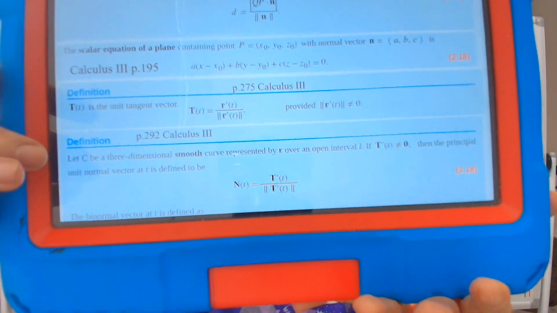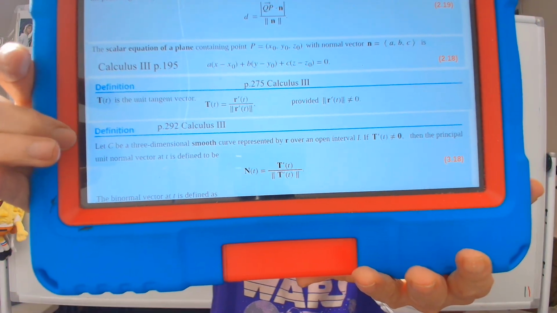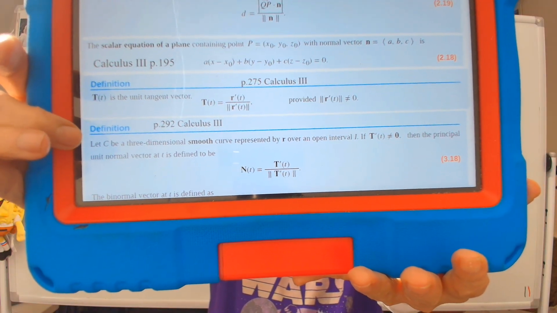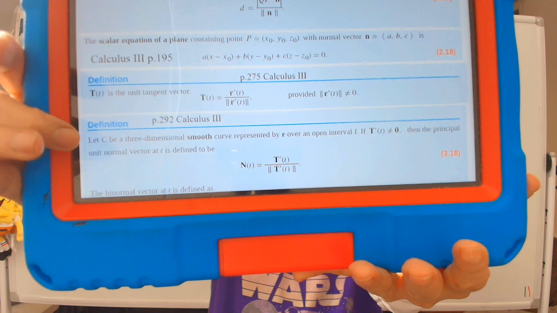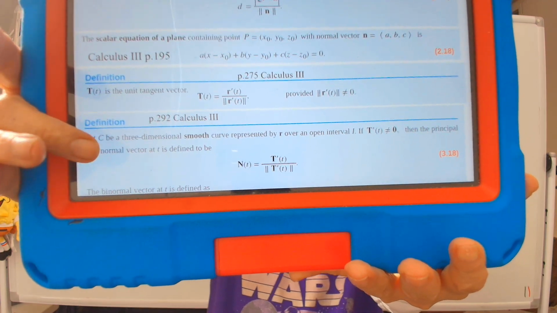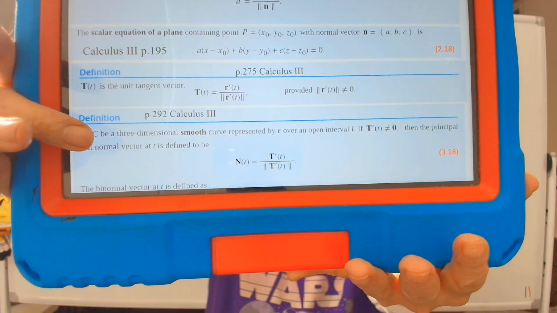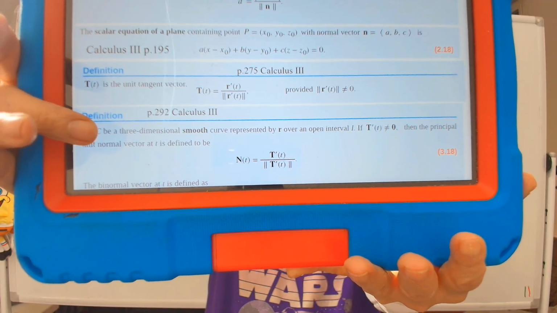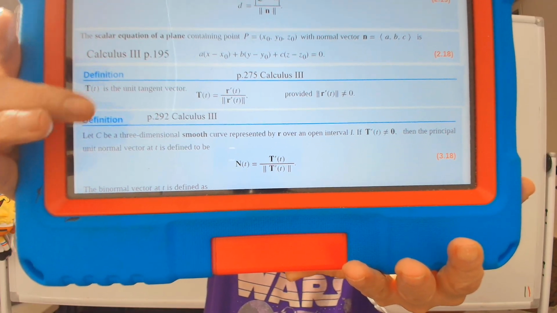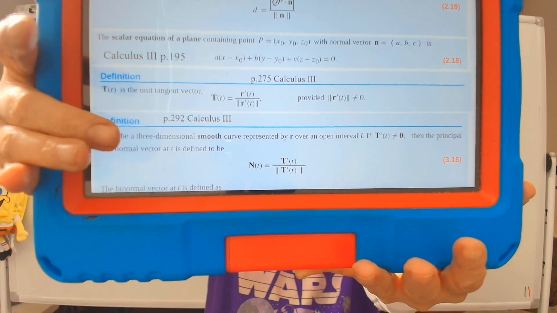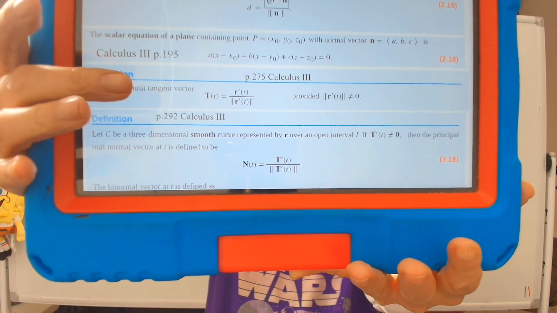But either way, next we are going to look at the definition of the principal unit normal vector, okay? That's defined as n, and remember n is defined as t prime, the derivative of t, over its magnitude. Now notice that that's harder to do than it sounds, because t prime isn't simply r prime.